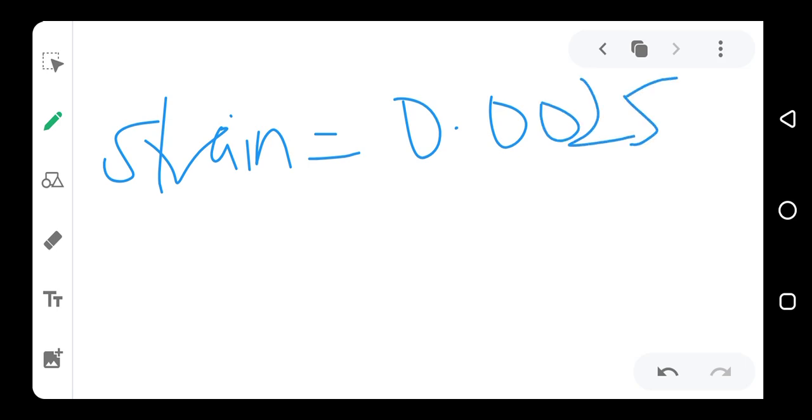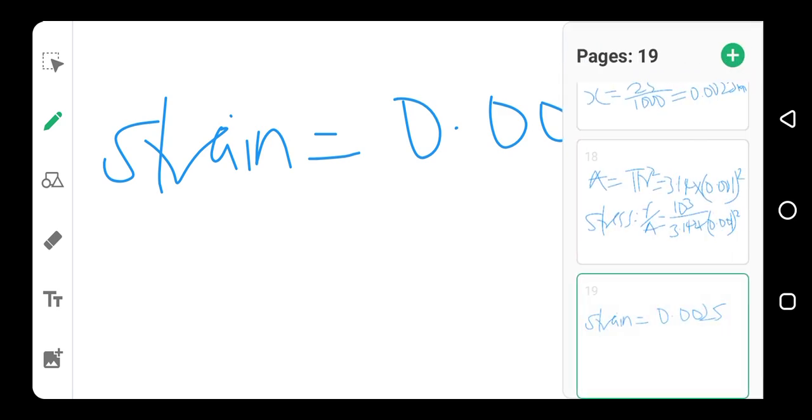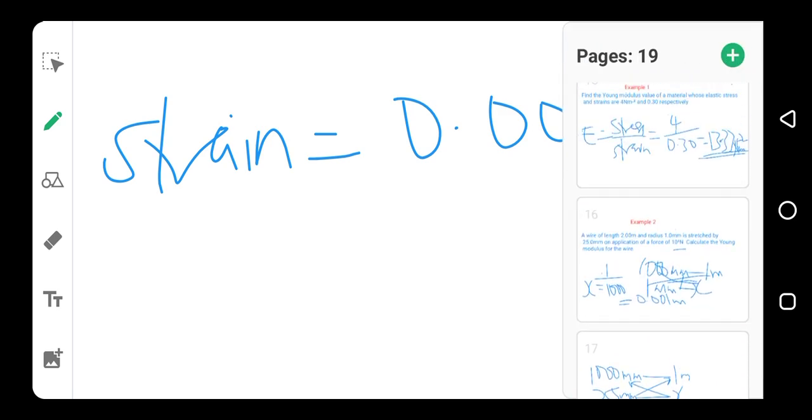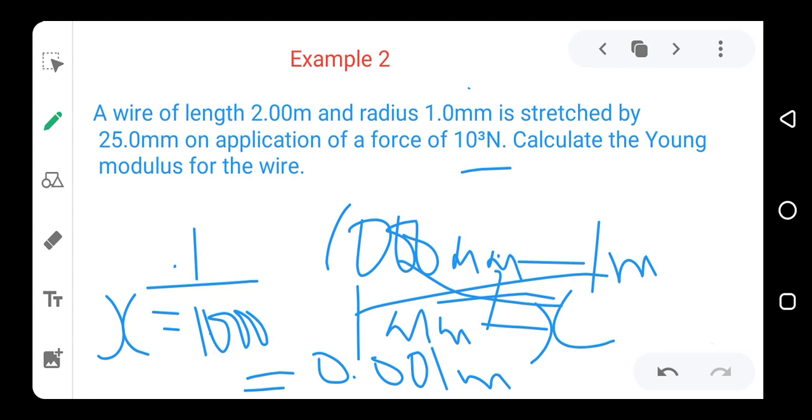How do we know that this one is the extension? In the question, we are told that it is stretched by this. This "by" always shows that it is an extension, the increments.